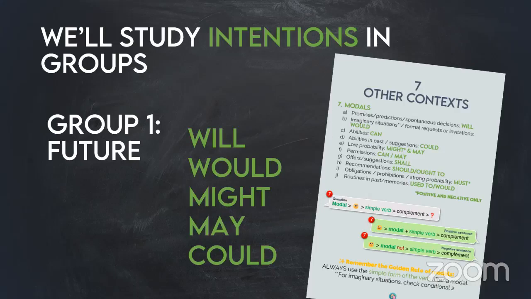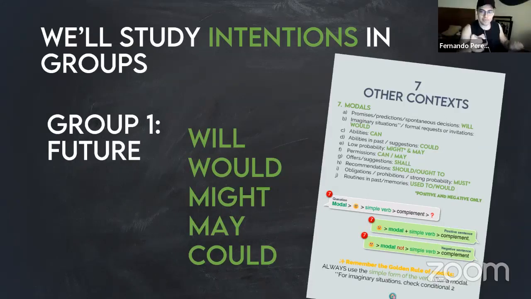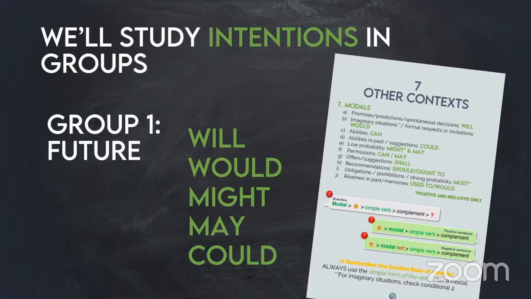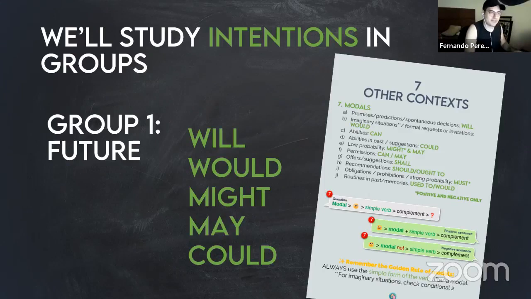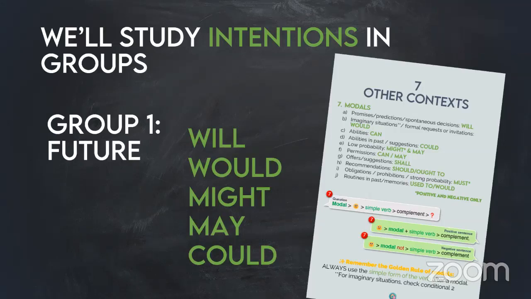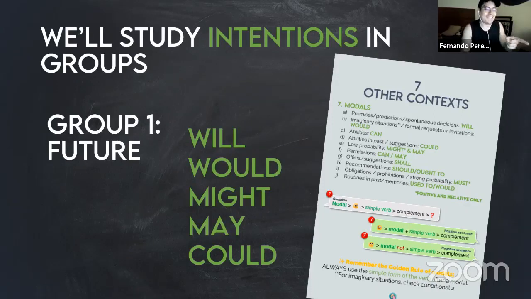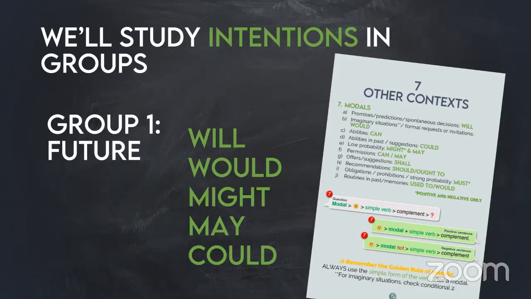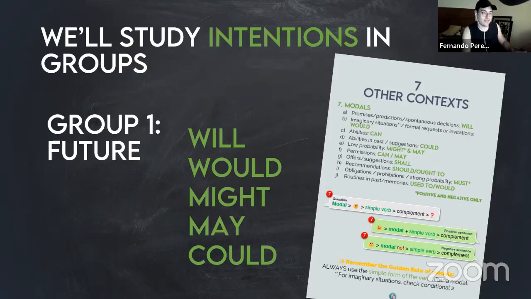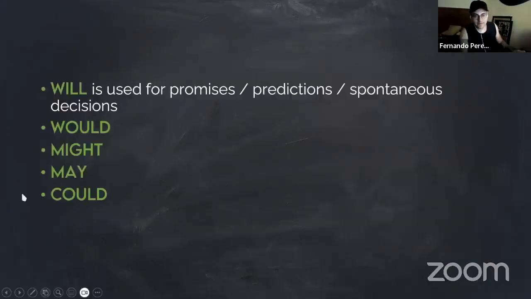Predictions, spontaneous decisions, excellent. And promises. Hector said promise, exactly. Will is used for promises, predictions, and spontaneous decisions.